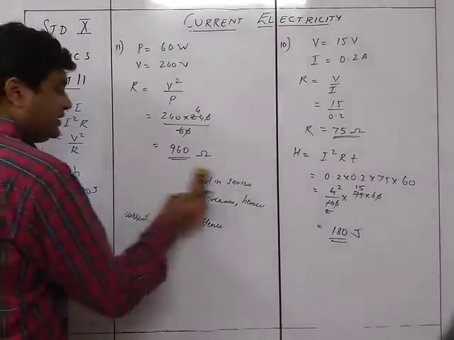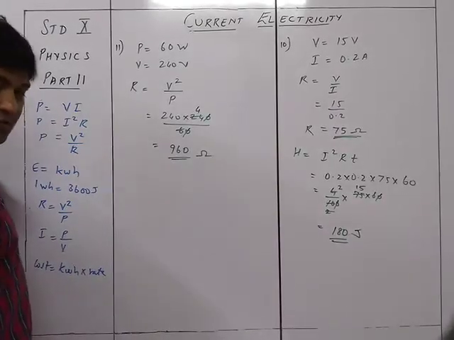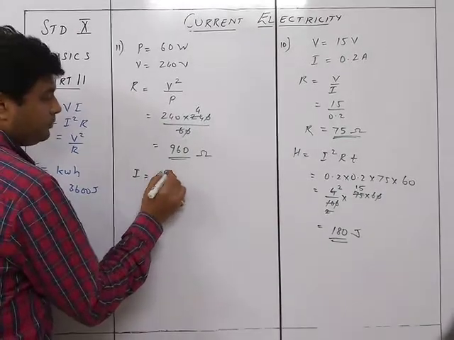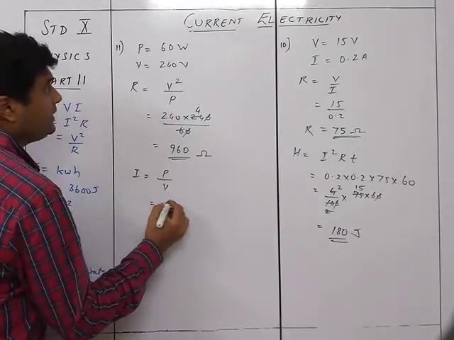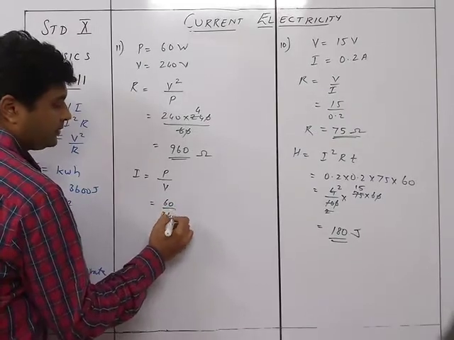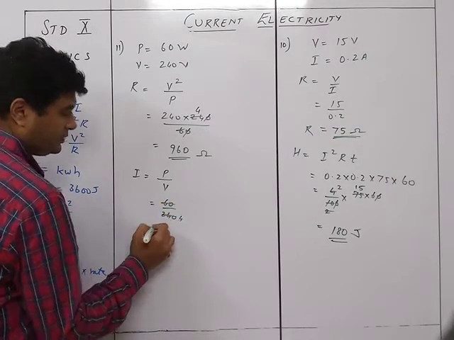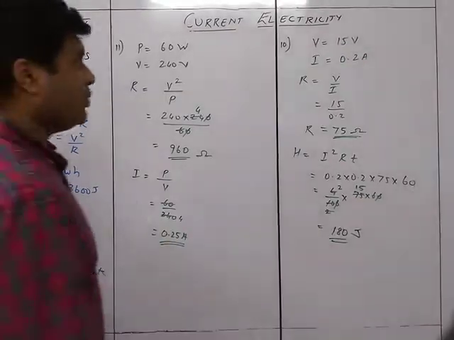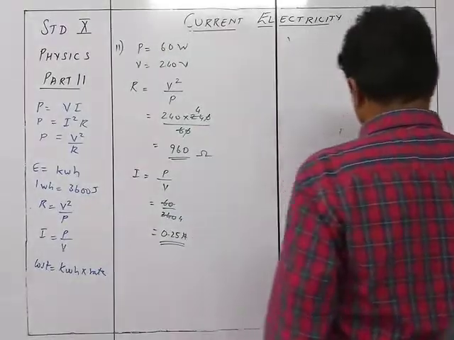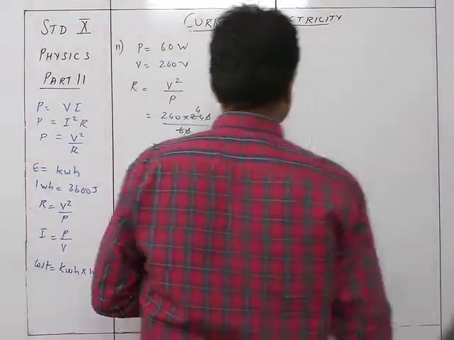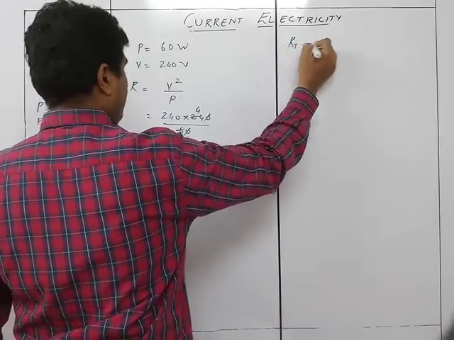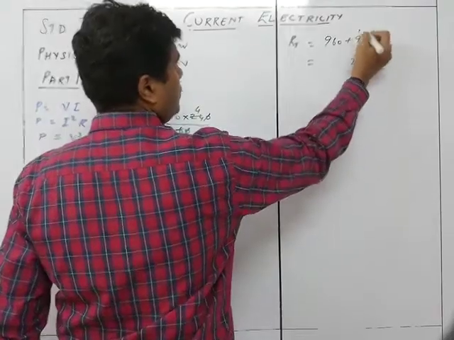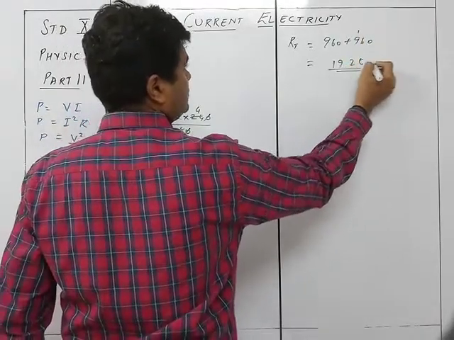So let's find out the current here, because we need to explain it properly. I is equal to P upon V, so that will be 60 upon 240, that's 0.25 amperes. Now, if I have two such bulbs in series, the total resistance RT will be 960 plus 960, which is 1920 ohms.